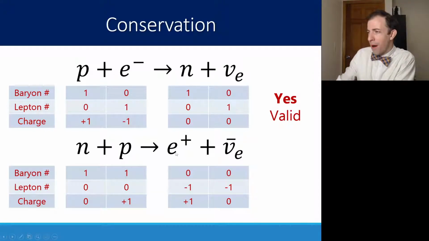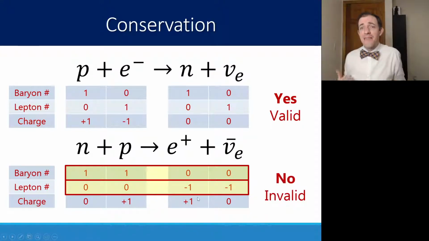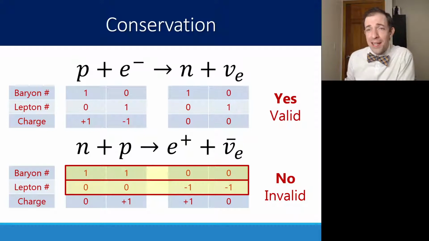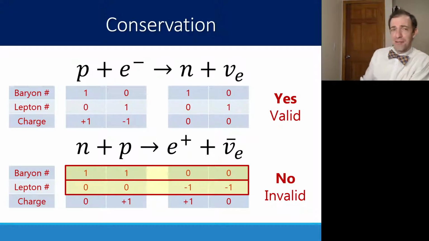Even though we don't see the bar over the top of this positron, it is an anti-electron. It's just another way of writing that. And that means we have a charge of +1 and a charge of 0. Looks like charge is conserved, but baryon number is not. We have 2 and 0, and lepton number is not, 0 and -2. So this is invalid. These particles cannot interact in this way, because these properties are not being conserved.